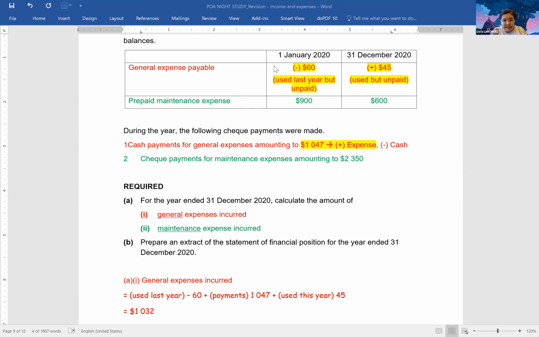Try to calculate the amount of maintenance expense. Wow, that was fast. Jiahui already done.